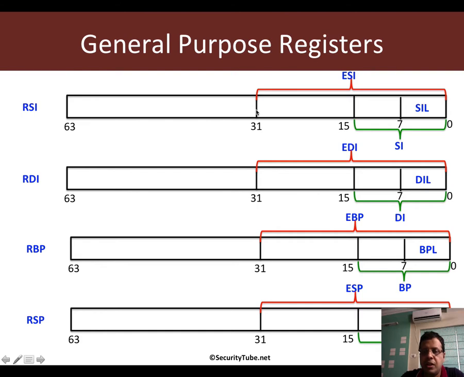To reference the lower 32 bits, it's ESI, EDI, EBP and ESP. To reference the lower 16 bits, it is SI, DI, BP and SP. And to reference the lower 8 bits, it is SIL, DIL, BPL and SPL. In this case, there is no way to access the higher byte of SI, DI, BP and SP.